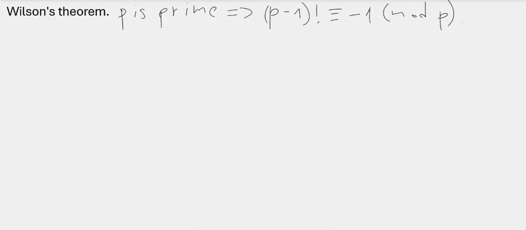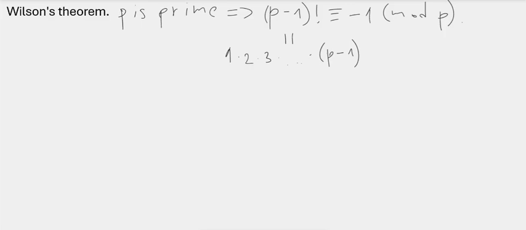So let's consider this number p minus 1 factorial. We know that this is equal to the product of the numbers 1 multiplied by 2 multiplied by 3 and so on multiplied by p minus 1. We notice that all these numbers 1, 2, 3 and so on to p minus 1 are residues modulo p.